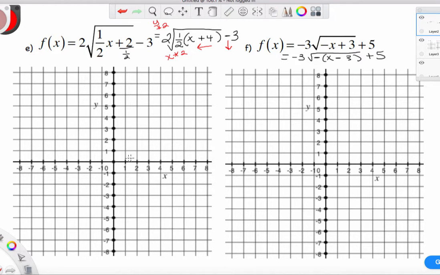I'm going to just graph the regular function first. The parent function, which is just the square root of x, which is 0, 0, 1, 1, 4, 2. Okay, and then we're going to move our function now to the left 4 and down 3. So 1, 2, 3, 4, down 1, 2, 3. That's our new origin. It's our new xy axis.